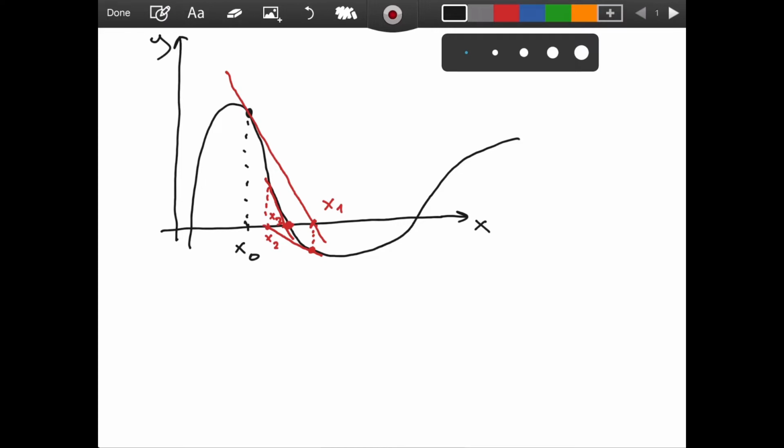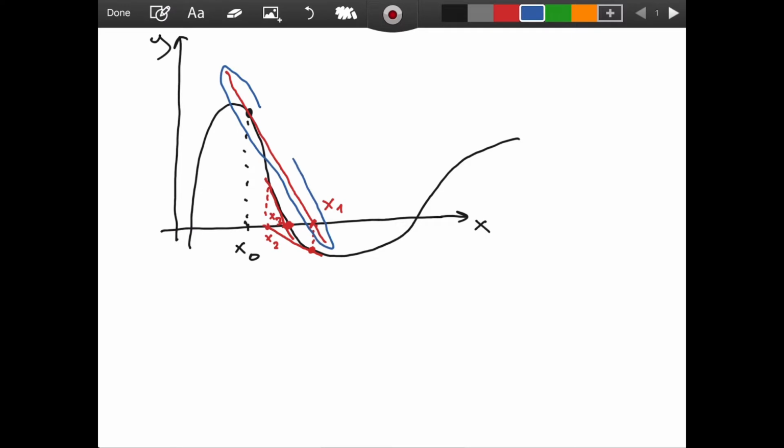So the idea is, if we think in terms of this first line here, we will now represent x1 in terms of x naught, and then we will make a generalization in terms of n and n plus 1.